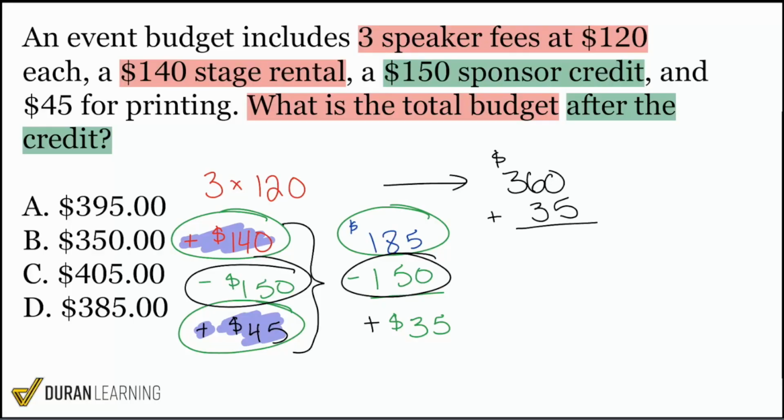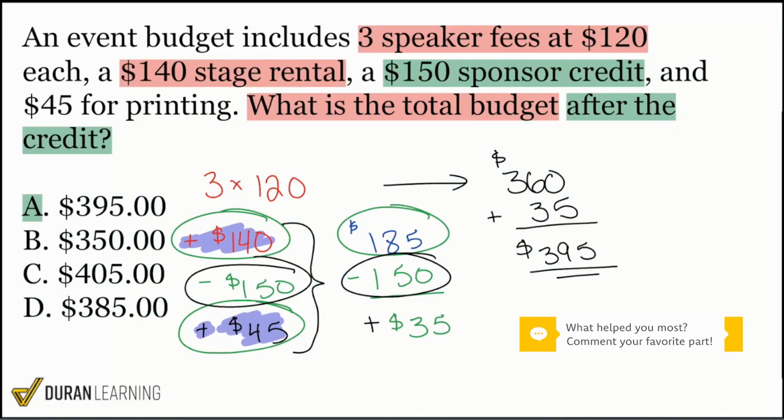What does that end up at? 395 right there. 395, and that is the budget. After we took care of the $150 sponsor credit, boom, we got our budget down to $395, which is going to be answer choice A. And there we are, my party people. Again, the correct answer is A.